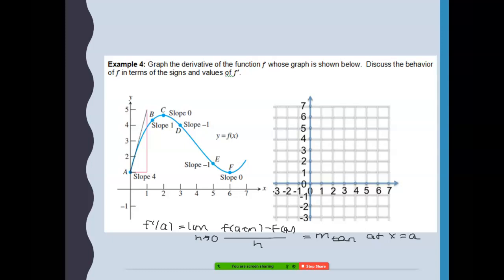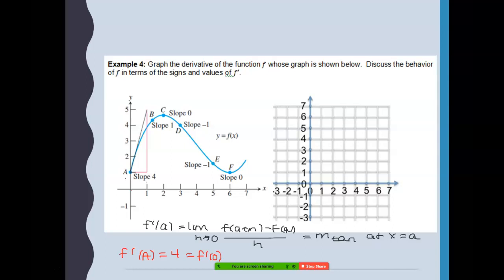So in this case, if they tell me at A the slope is 4, what that really means is that f prime of A is equal to 4. Well, point A occurs when x is 0. So that's really like saying f prime of 0 is equal to 4.